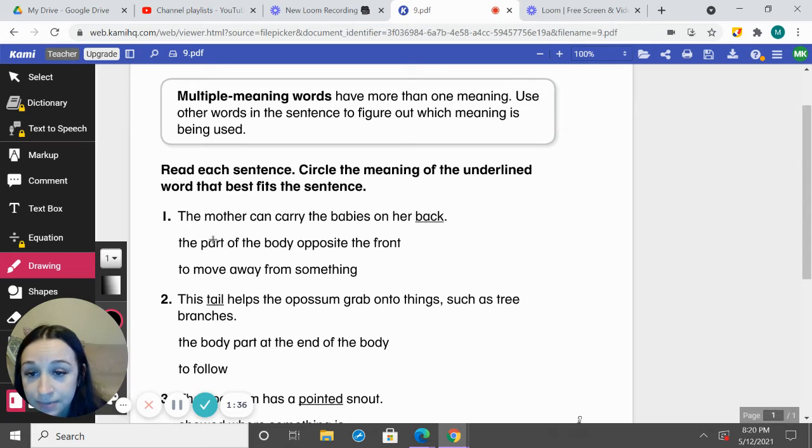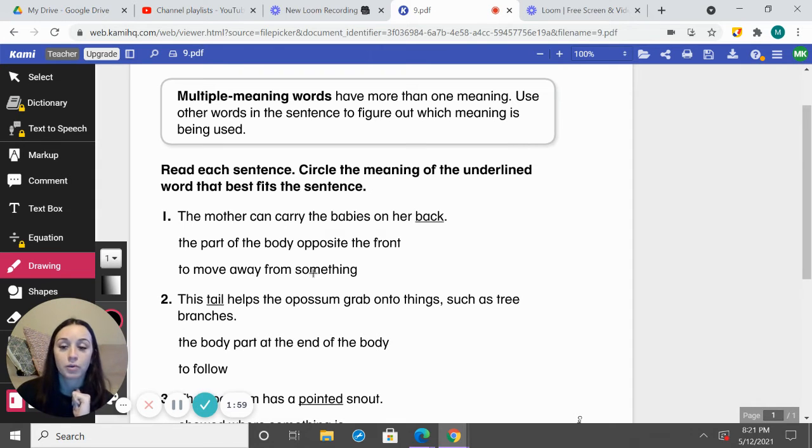Number one says, the mother can carry the babies on her back. So our underlined word here is back. And I need to know, does it mean the part of the body opposite the front, so your back? Or is it talking about to move away from something, to back away?